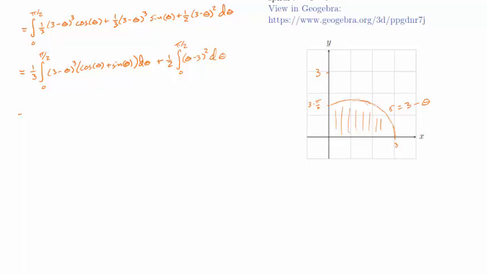So this equals, alright, so I want u to equal 3 minus theta cubed.